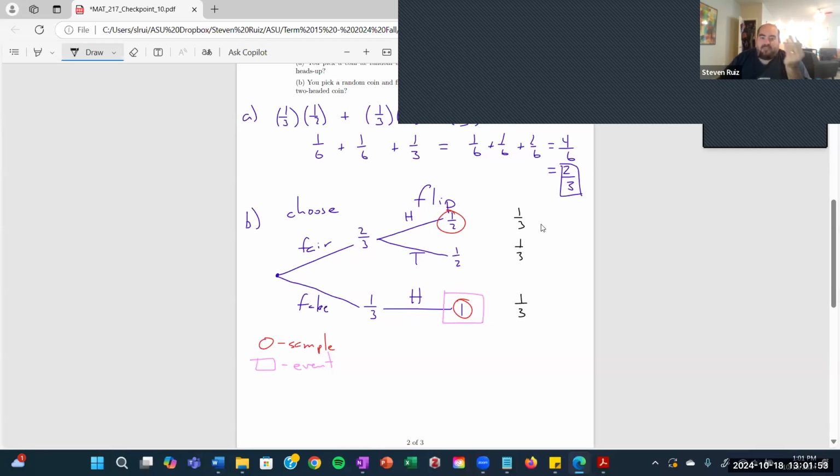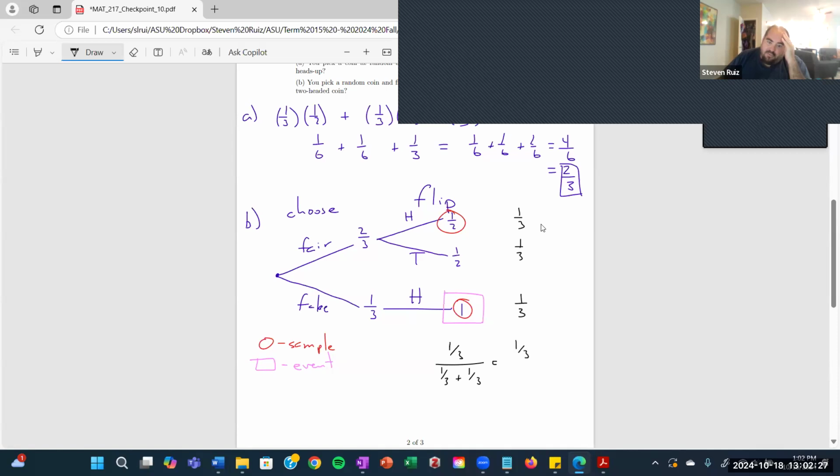So you might say, all right, the probability is 1/3 because the probability of the event was 1/3, right? Not really, because the probability we want is the probability of the event over the probability of the sample. The event is 1/3, and the sample is 1/3 plus 1/3.